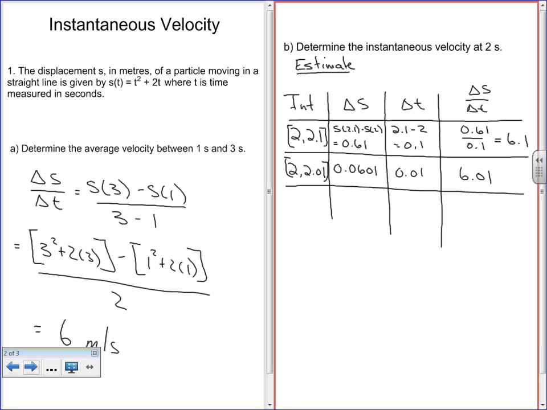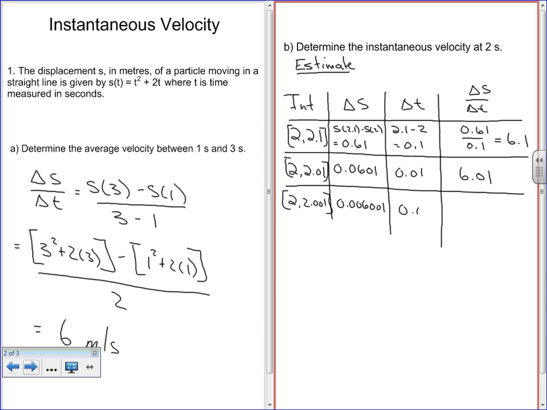I want a better estimation. What do you think I'm going to do? Right, use a smaller interval. So I'm going to use 2.001. Substituting that in, doing some work. Again, there's a lot of work required to get this answer. You're plugging 2.001 into the function, subtracting off 2 plugged into the function, you get that as an answer.